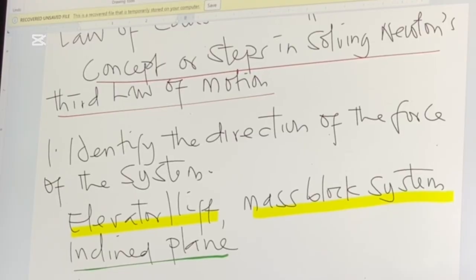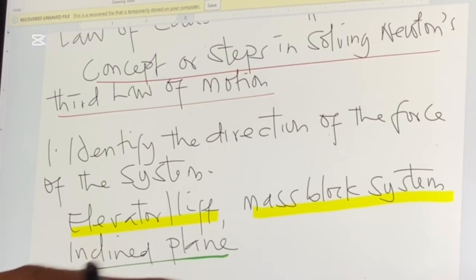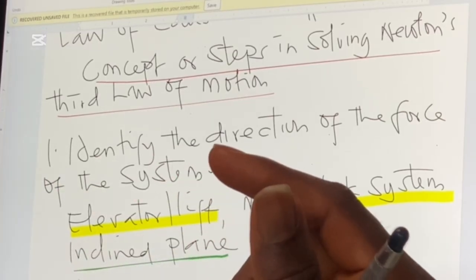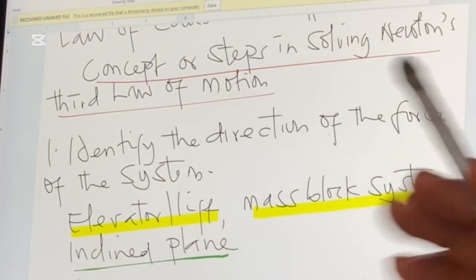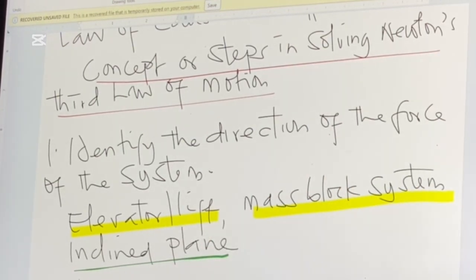Please take notes. Class, in this system, if I have two masses, how do we identify the direction of the force of the system? If I have two masses, the direction of the force of the system will always go to the greater mass.